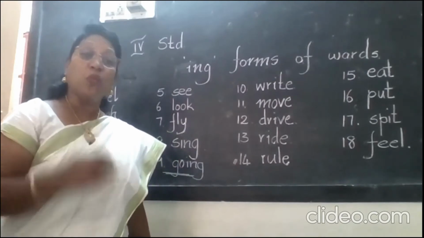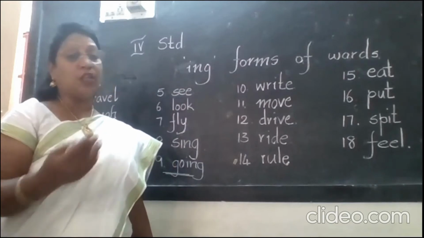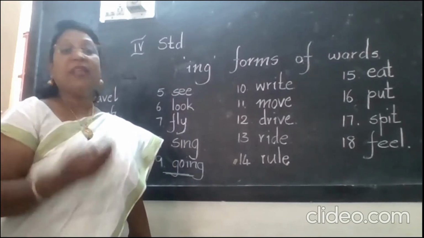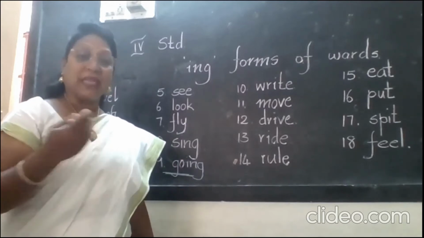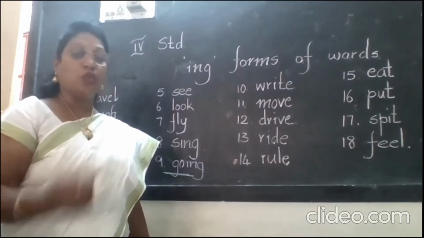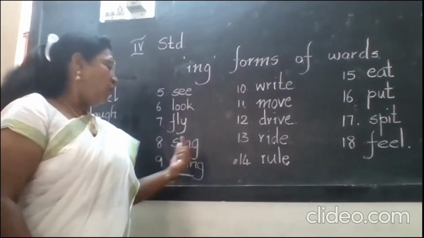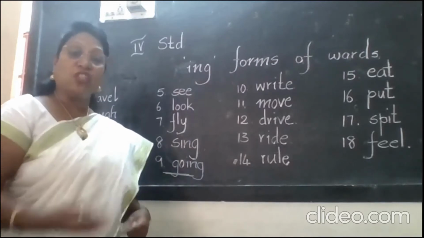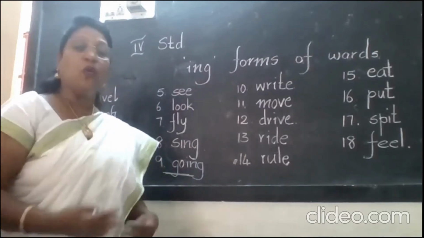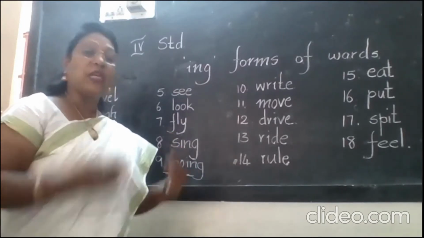An action word is a verb, or as we also call it, a doing word. Even this I've explained to you. A verb is an action word or a doing word. Now, for this action word, when you add ing, it will tell you what the person is doing.